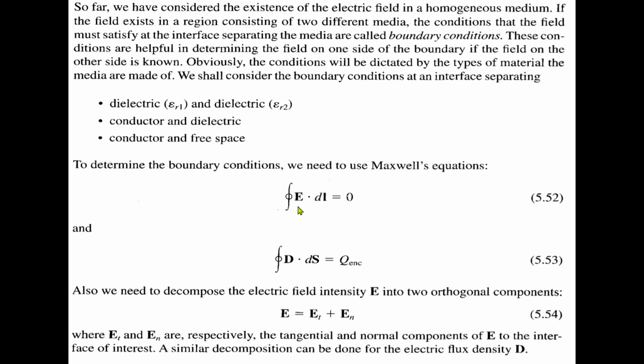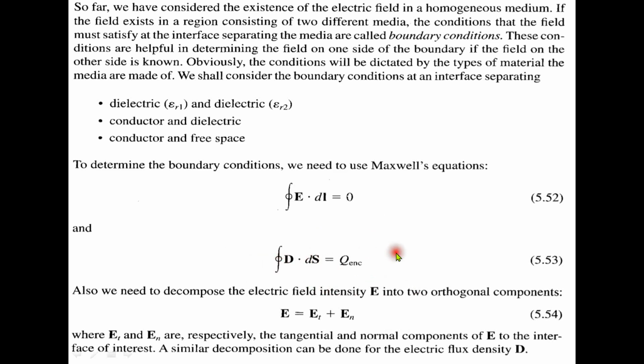This is the very basic equation, and with the help of these equations, the boundary conditions can be applied. And D dot dS refers to the flux density through the surface, which is always equal to the charge enclosed.